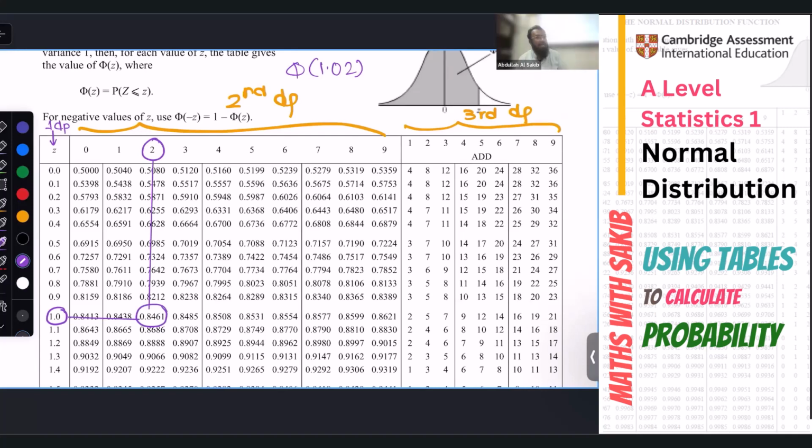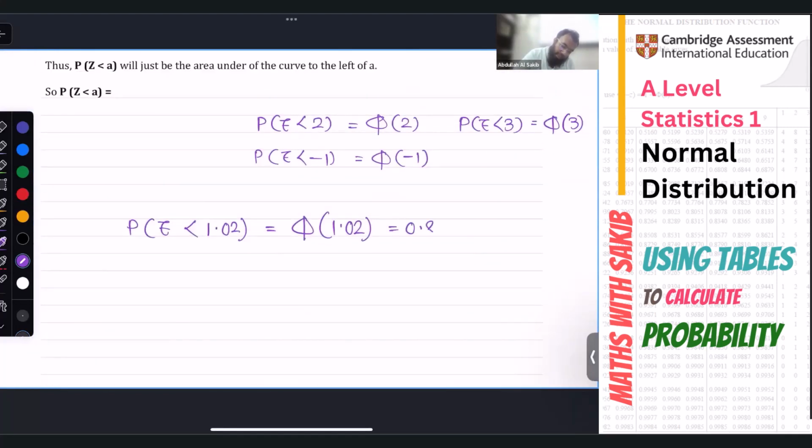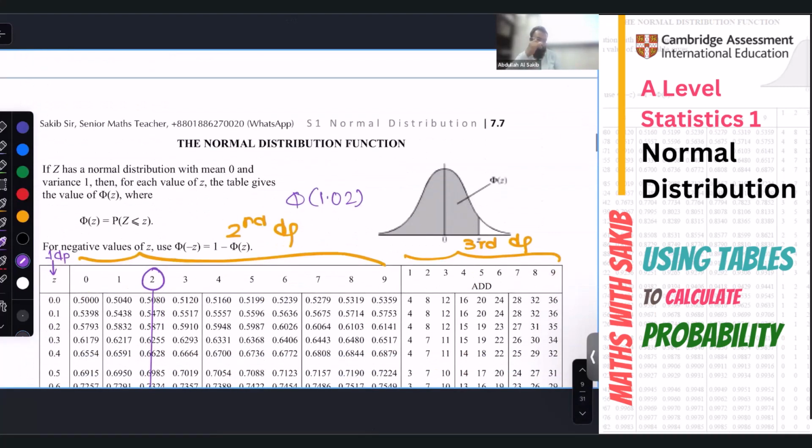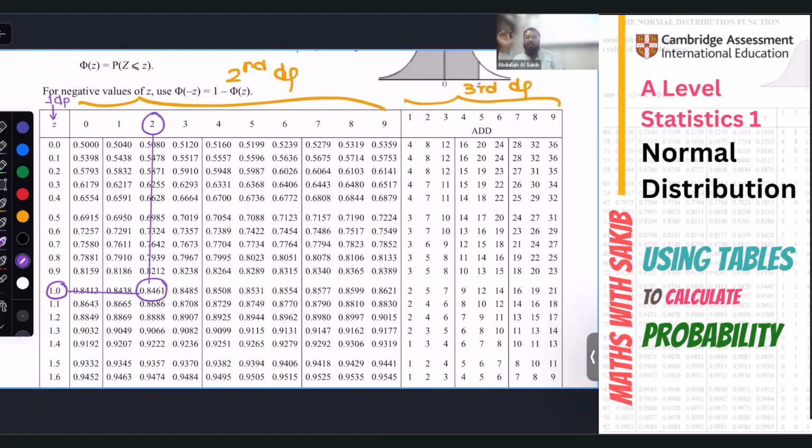So the answer is what? 0.8461. Is it clear? So phi of 1.02 is 0.8461. Just have patience. Clear? Have you understood?